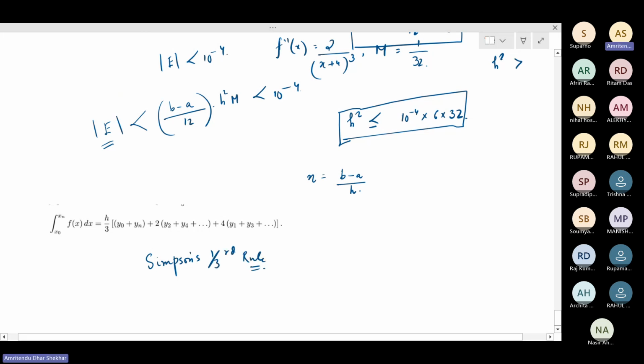I think the way this Simpson's 1/3 rule works is that it is better than the trapezoidal rule.